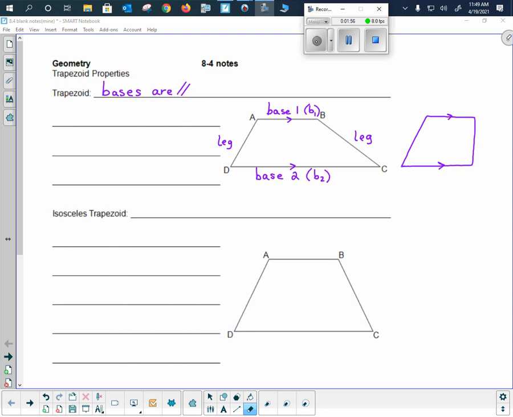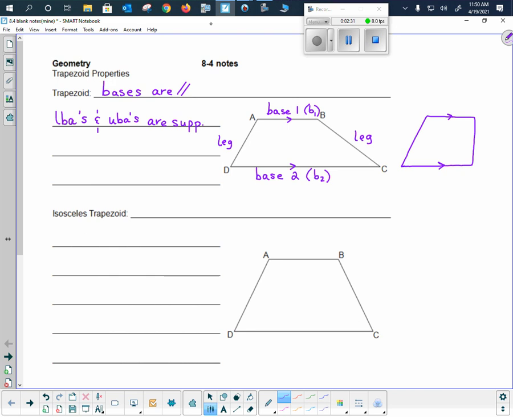Okay, so this one's a little bit hard to describe, so you might want to just listen and watch my abbreviations, and then you can add the details. I'll give you a moment to add the details to yourself. So here's how I'm going to write it. I'm going to say LBAs, which is going to stand for lower base angles, and I'll label that in my picture in a minute, and UBAs, upper base angles, are supplementary.